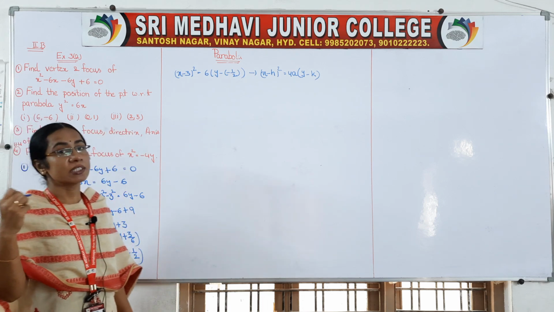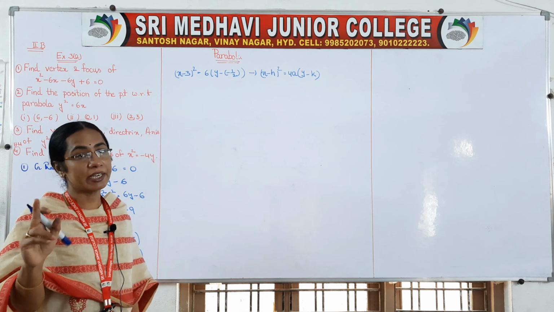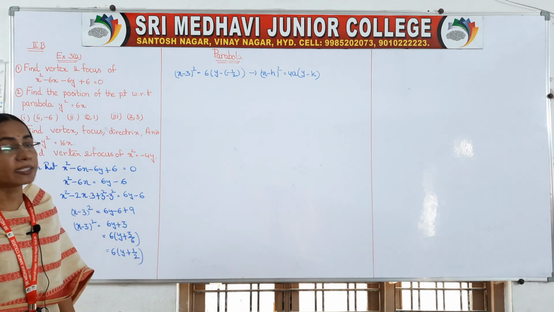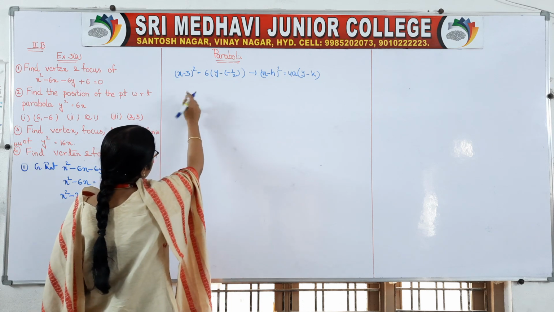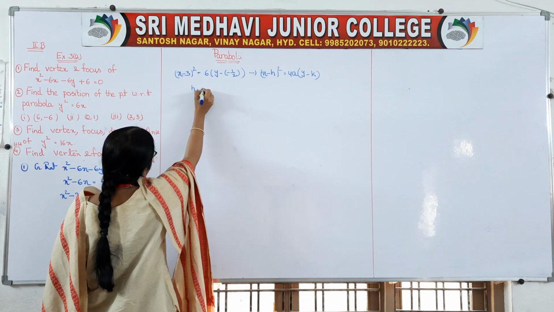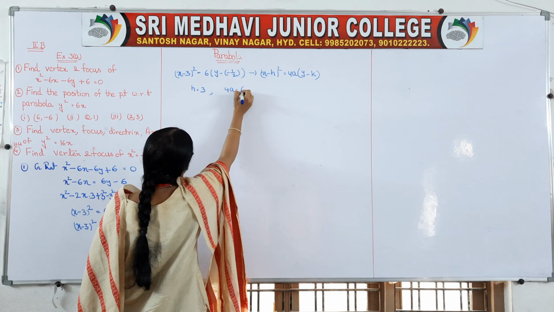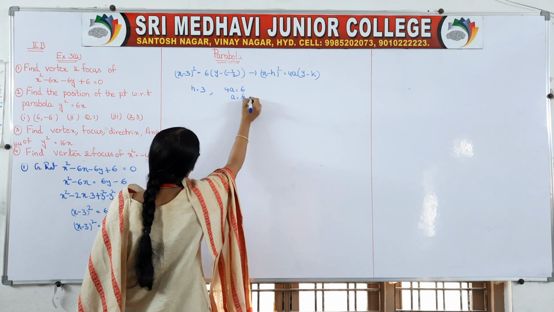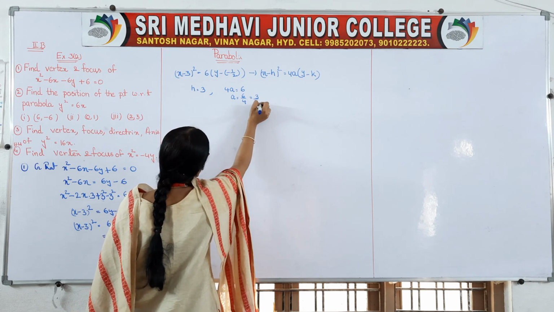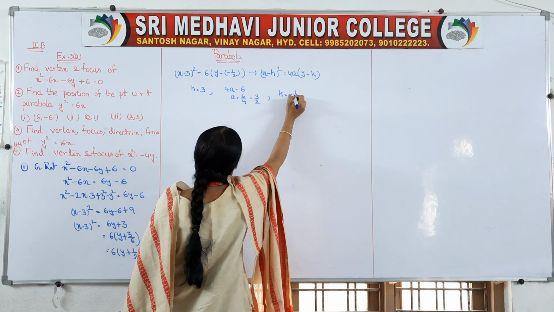So this is your 7th form of the parabola. Totally we got 8 forms. This is the 7th form. If you compare this, h is equal to 3 and the 4a value is 6. So a is equal to 6 by 4, that is 3 by 2, and the k value is minus 1 by 2.